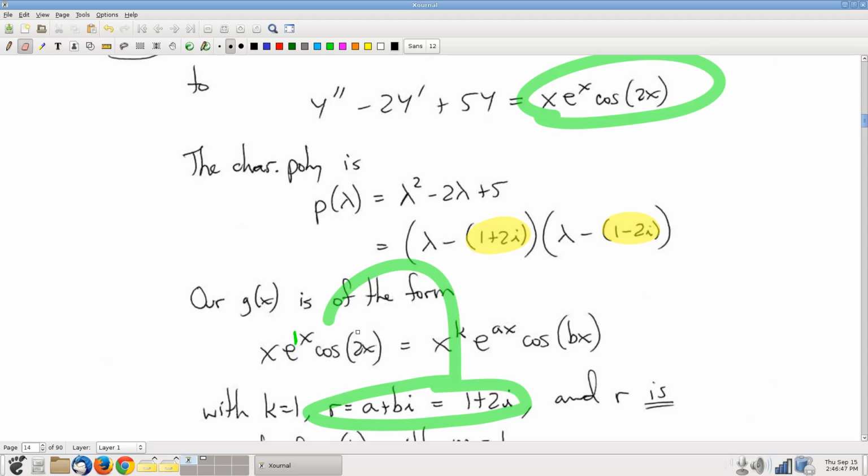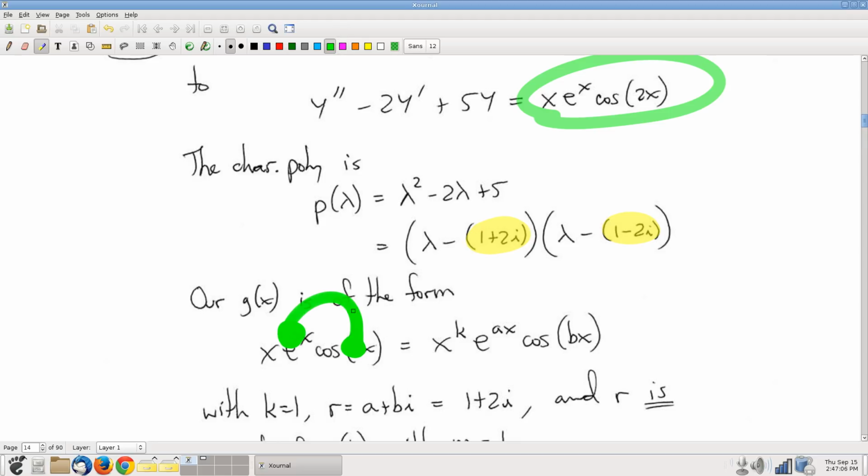Let me put this 1 there. Yeah, there we go. So that number and that number go together to help us form that number, 1 plus 2i in this case.